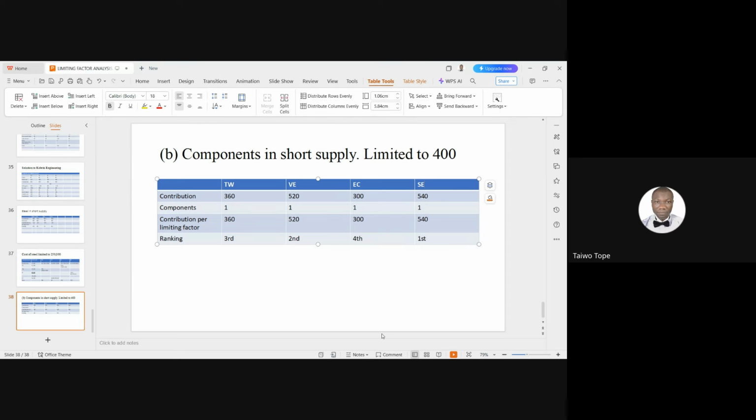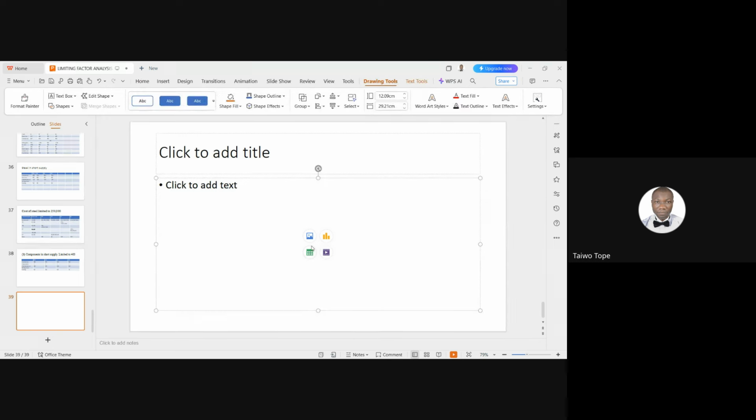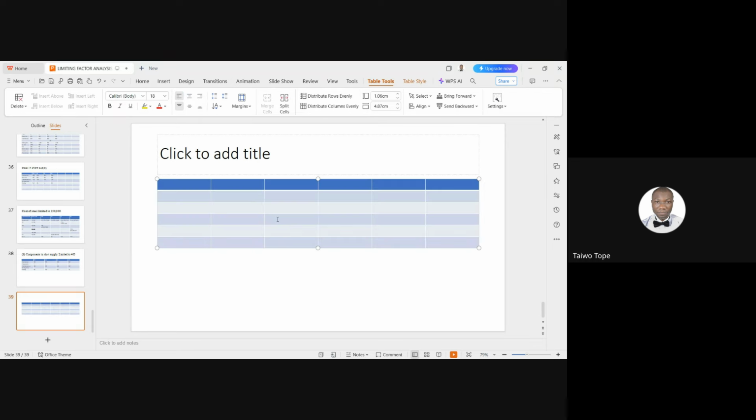So how many components will you use to produce 30 of TW? 1 times 30, 30. Very good, that is the spirit. You link it like that, and then you're fine.